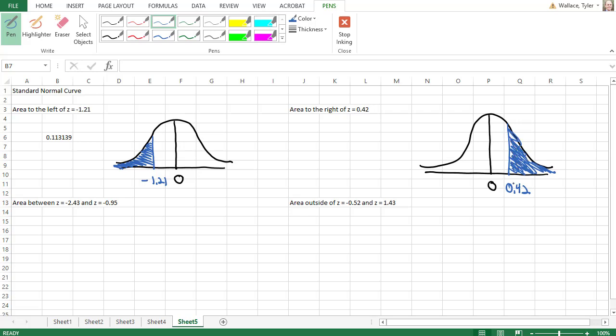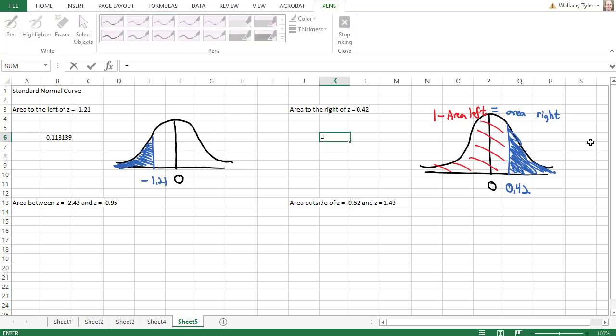The problem with looking for an area to the right side is Excel does not have a way to directly find the area to the right of it. So instead, we're going to find the area to the left, and we can do 1 minus the area on the left, and that will equal the area on the right.